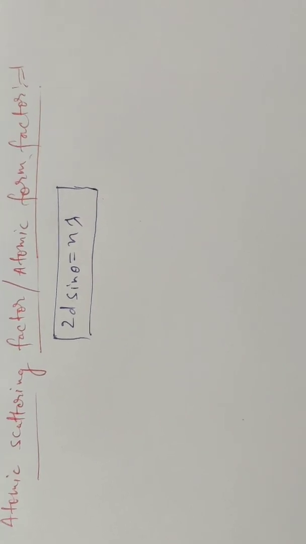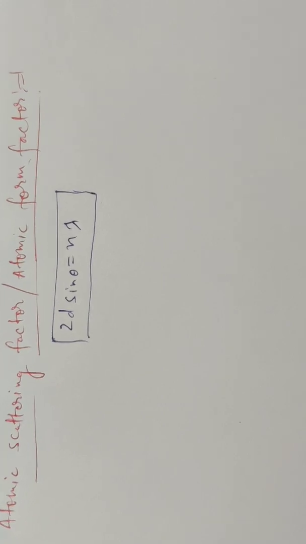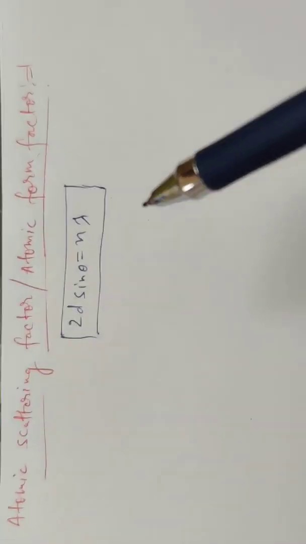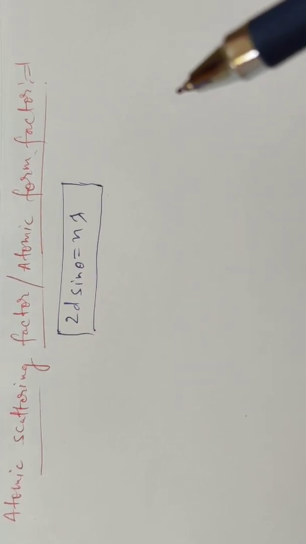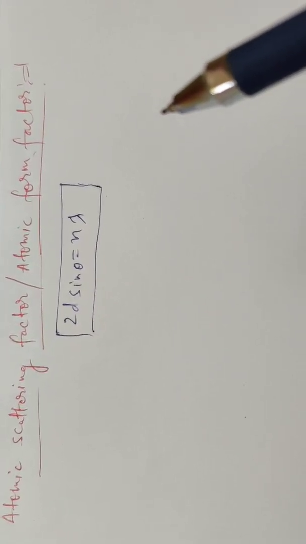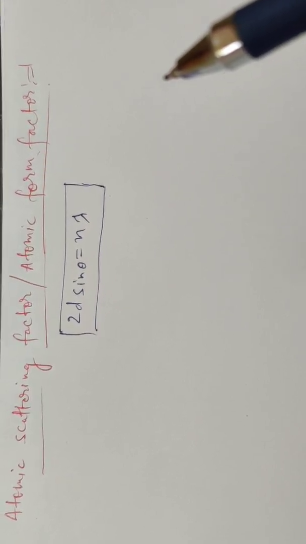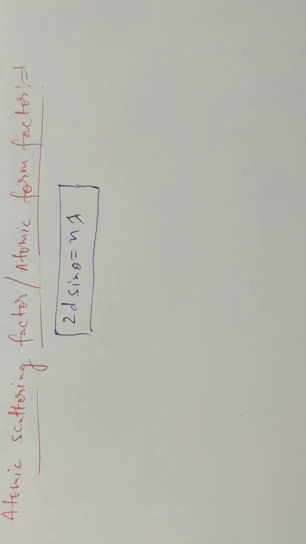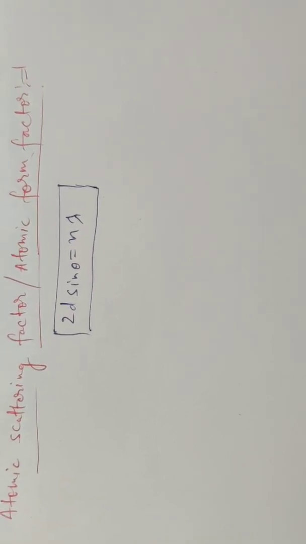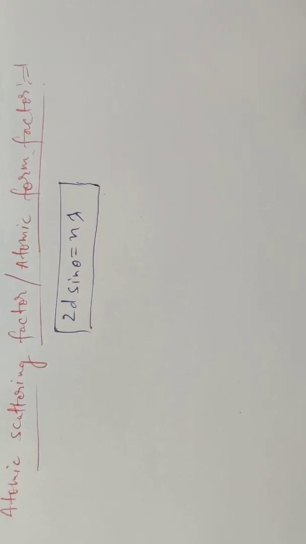But in practical cases, the intensity of the incident beam which is diffracted depends not only upon the lattice points in the crystal, but also upon the grouping of atoms. That means how atoms are grouped in your unit cell and the scattering power of these atoms, so it also depends upon the basis of atoms.